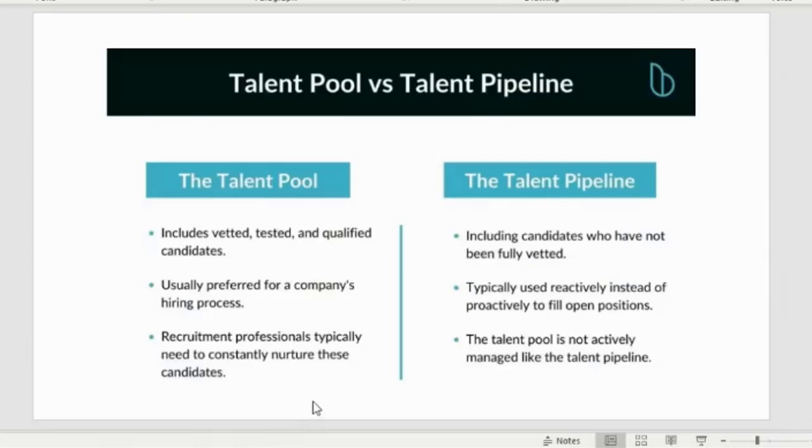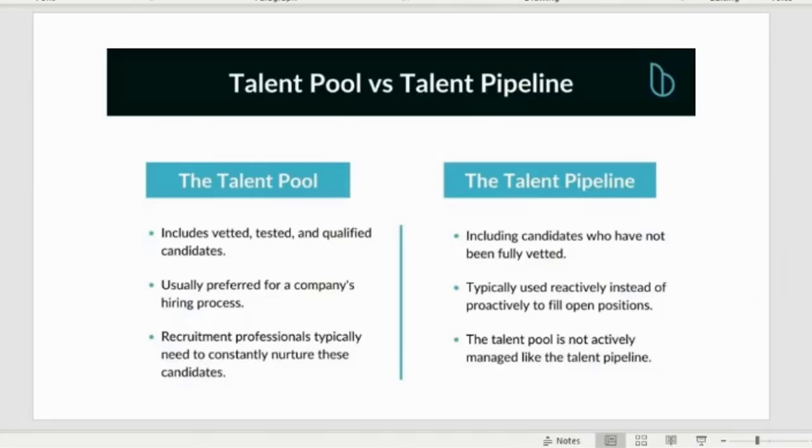The recruitment professional typically needs to constantly nurture these candidates. Now, the talent pipeline, these are candidates who may not have been fully vetted. It typically is used reactively instead of proactively to fill open positions. The talent pool is not actively managed like the talent pipeline.